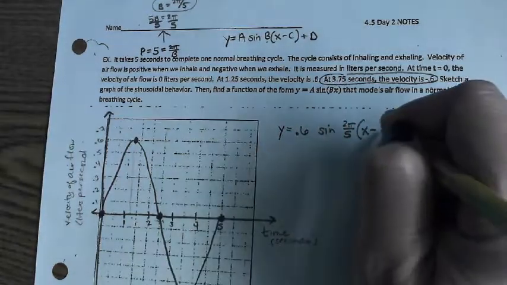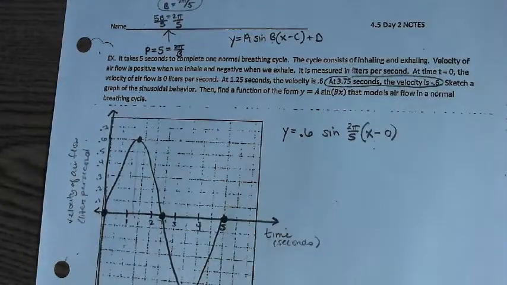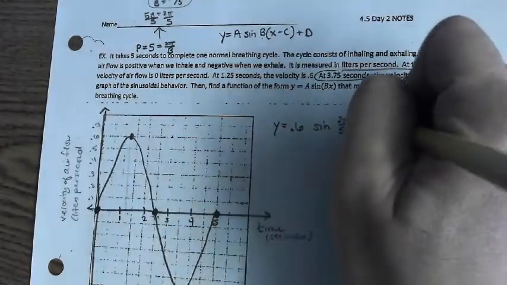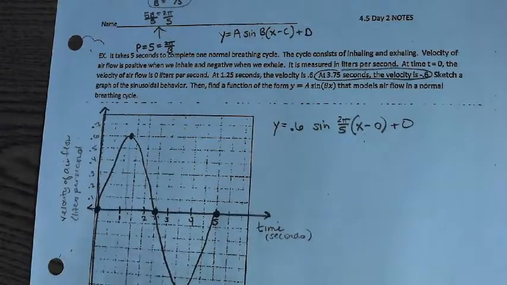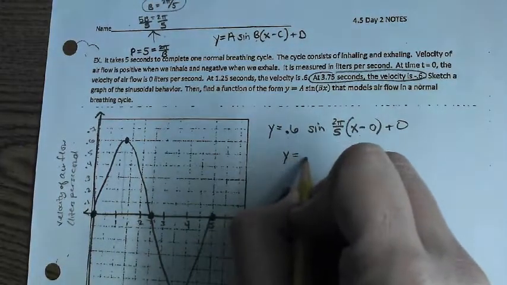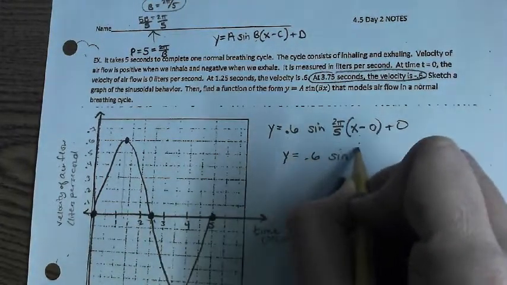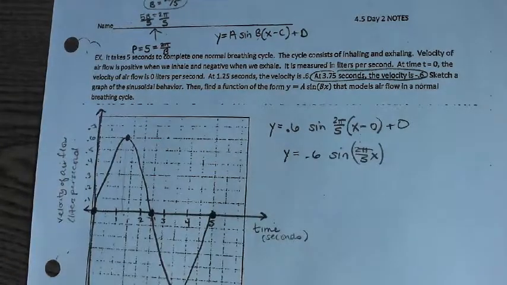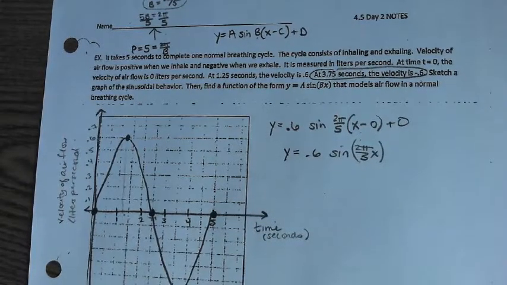So 0, right? There's no phase shift. And what's my D value, Andrew? 0. Midline still 0. So once you kind of clean this up, it'll just look like that.